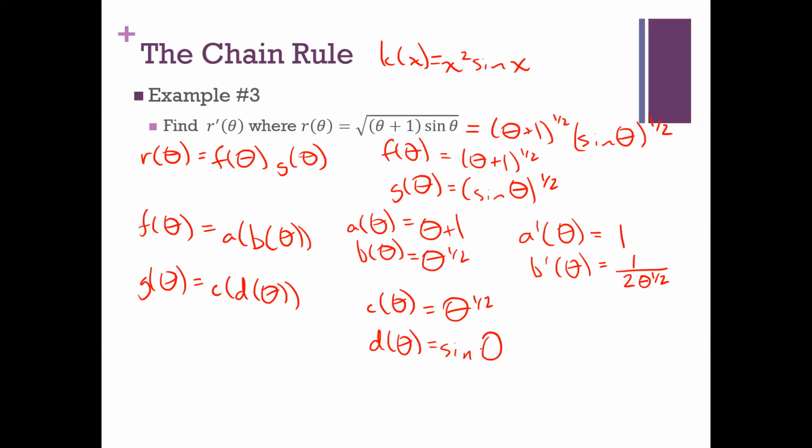So the first thing that's going to happen is sine, did I reverse what f was? Yes, I did. Okay, well, here we're going to fix that. So from here, c prime should be exactly what a prime was, 1/2 theta to the 1/2. What is d prime? Cosine theta.